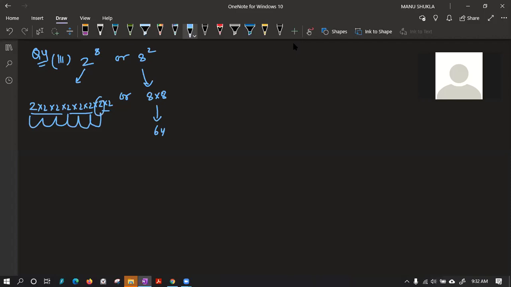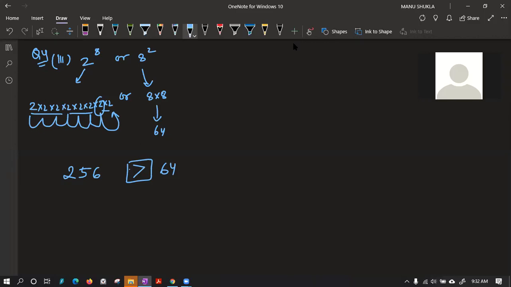No, Arnav, they are not the same. 128 into 2 gives 256, and 64. Obviously 2 power 8 is larger.